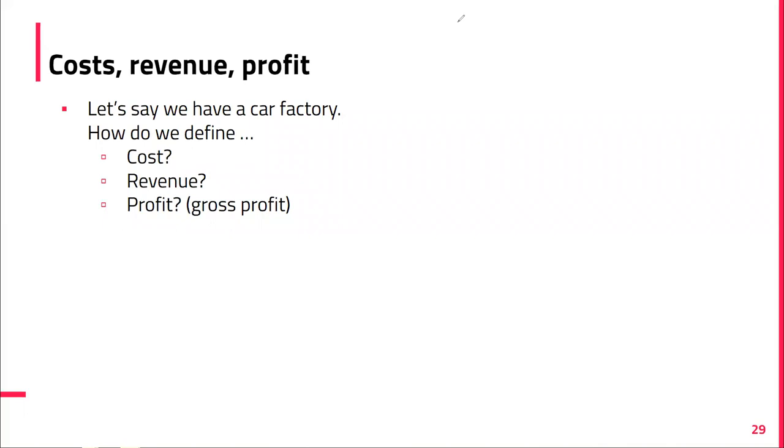Okay, so let's try to make some formal definitions of each of these things here. Let's say we are business owners and we have some car factory. How do we define cost, revenue, and profit for this sort of scenario? Cost is basically how much you spend, for example, on raw materials. It's the cost for your company producing cars.